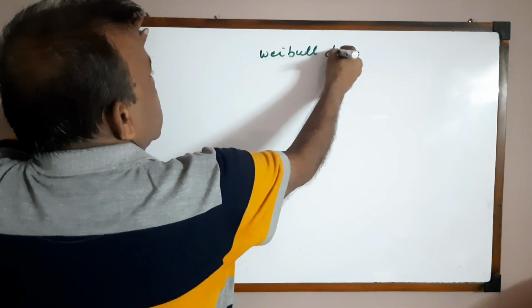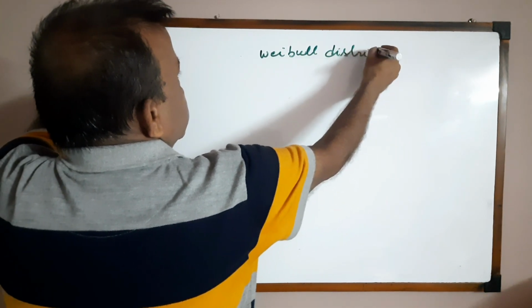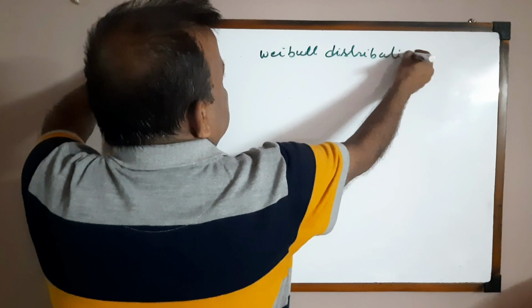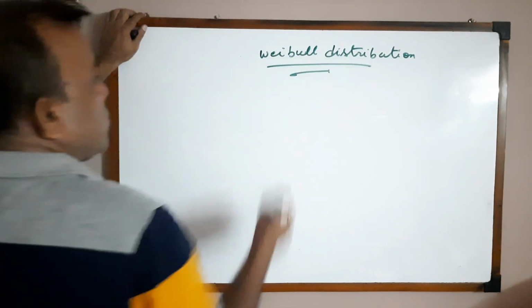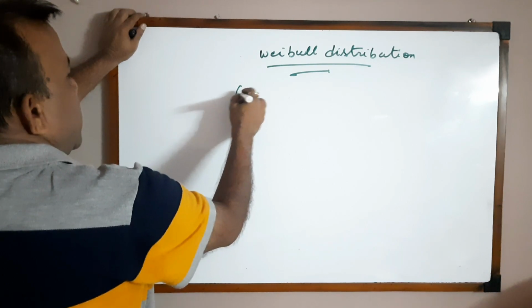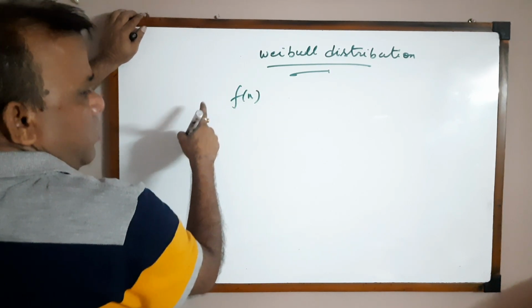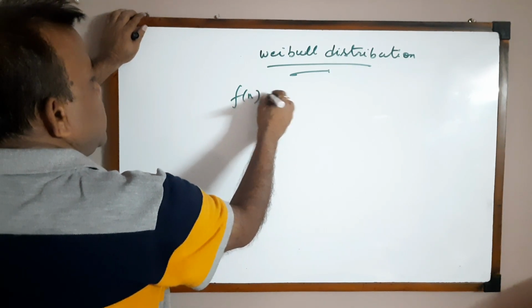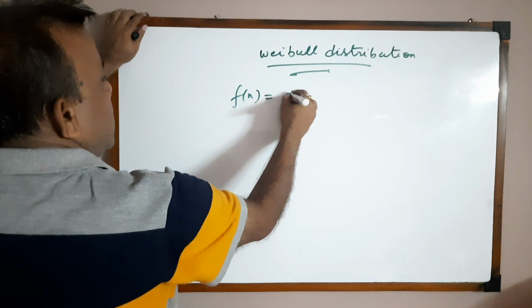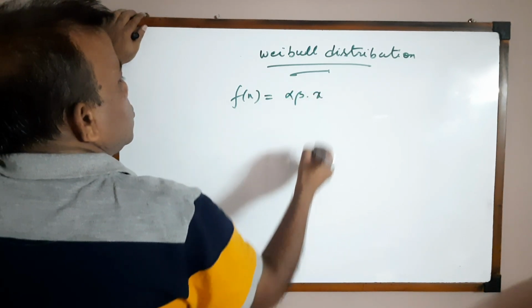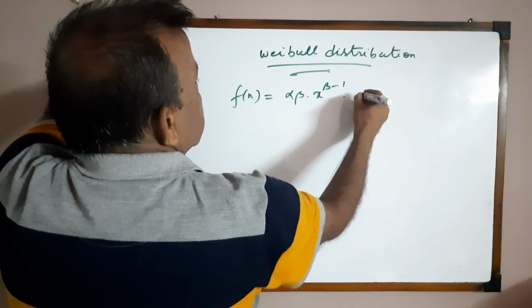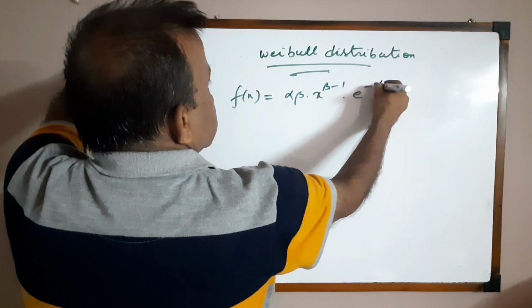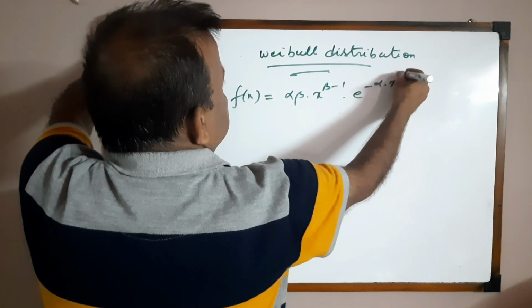As we know, the PDF or probability density function of Weibull distribution is f(x) equal to alpha beta into x to the power beta minus 1 into e to the power minus alpha x to the power beta.